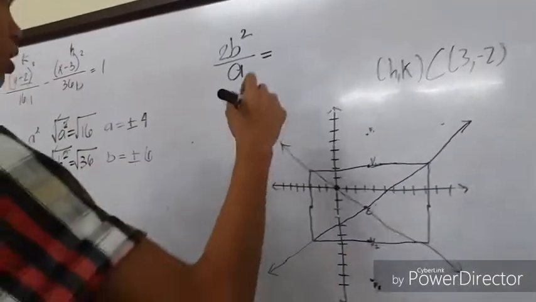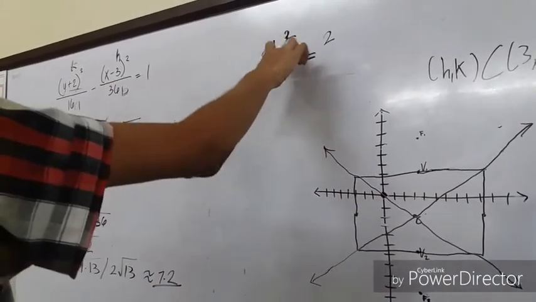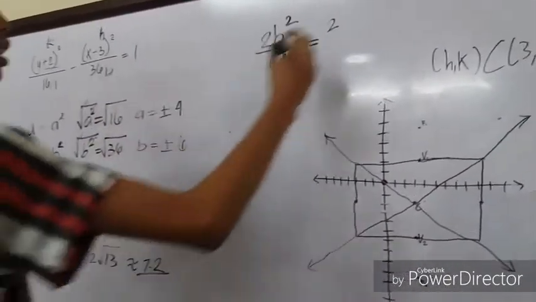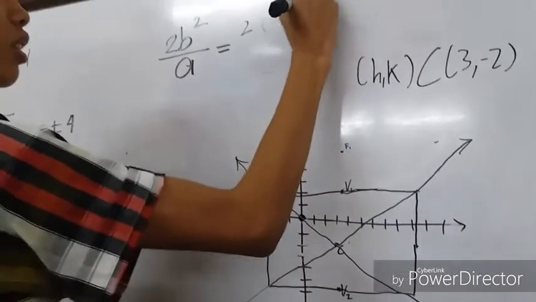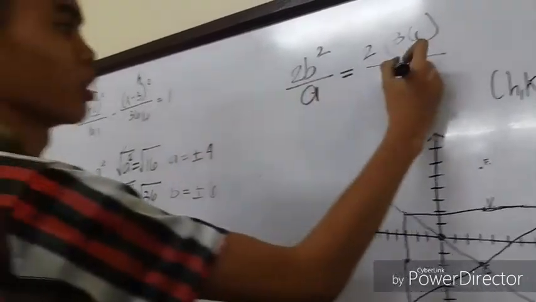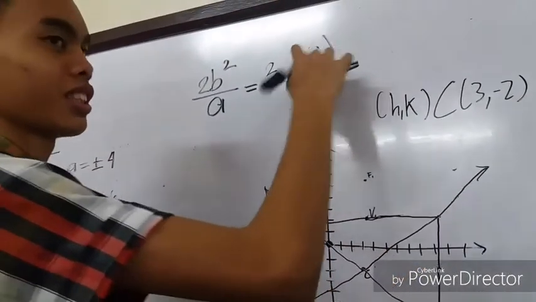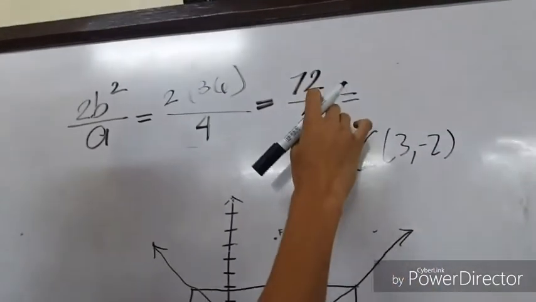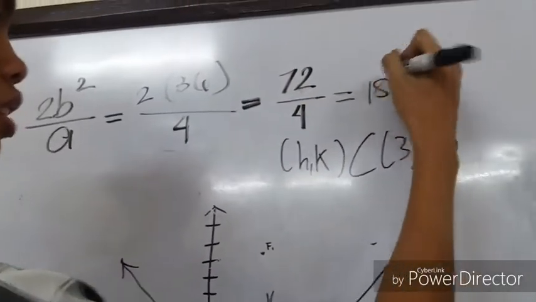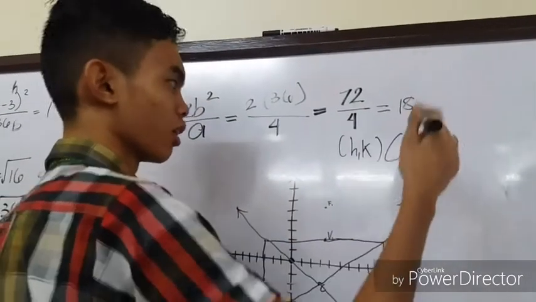Then we'll copy 2 and substitute the value of b squared, which is 36. 2 times 36 over the value of a, which is 4. And then simplify it. 2 times 36 is equal to 72. Copy 4. Simplify it again. 72 divided by 4 is equal to 18.